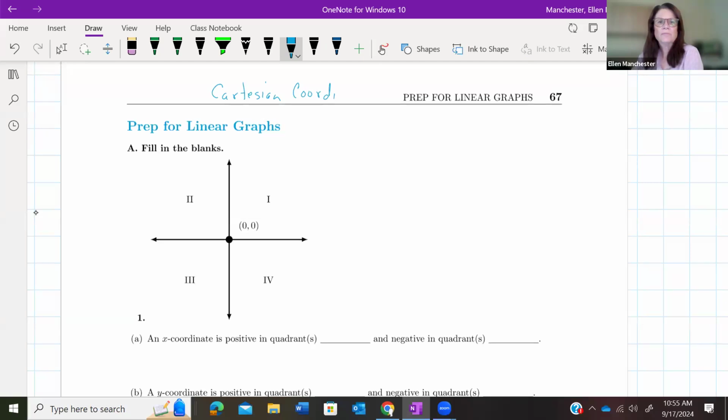Cartesian coordinate system. This is where you have two lines intersected. The horizontal line is your x-axis. The vertical line is your y-axis.